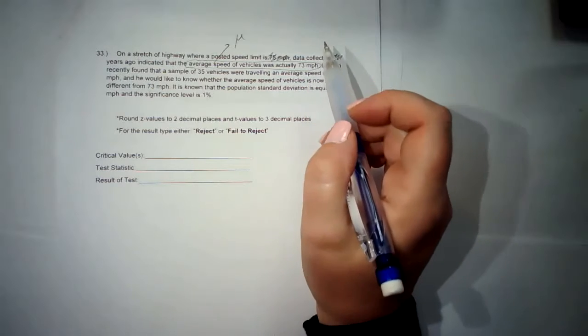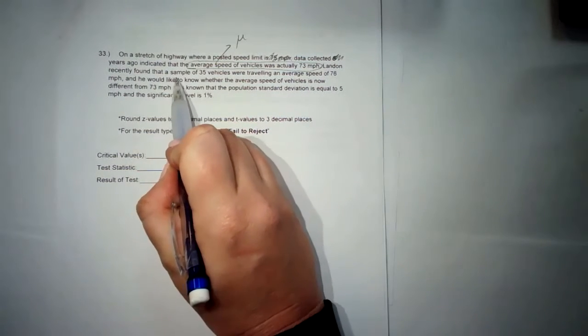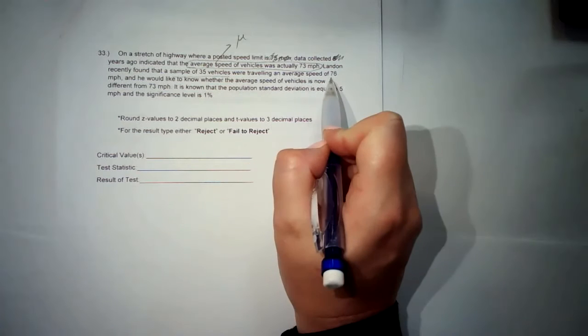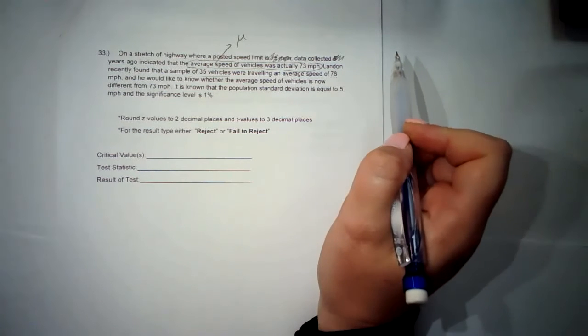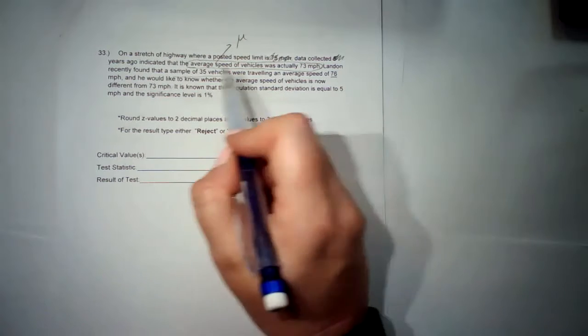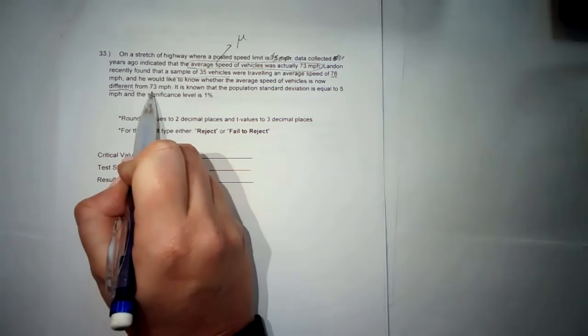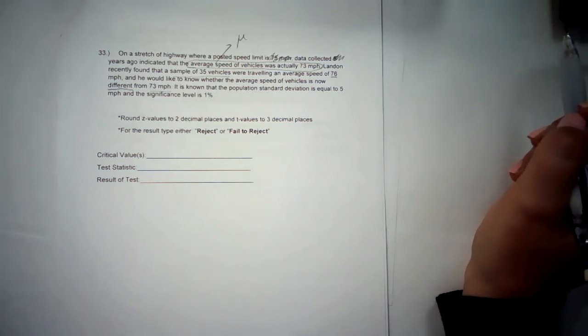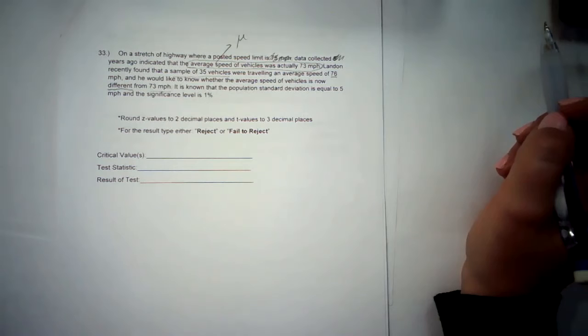All right, Landon recently found a sample of 35 vehicles that were traveling an average speed of 76 miles per hour. He would like to know whether the average speed of vehicles is now different from 73 miles per hour. It is known that the population standard deviation is equal to 5 miles per hour and the significance level is 1%.